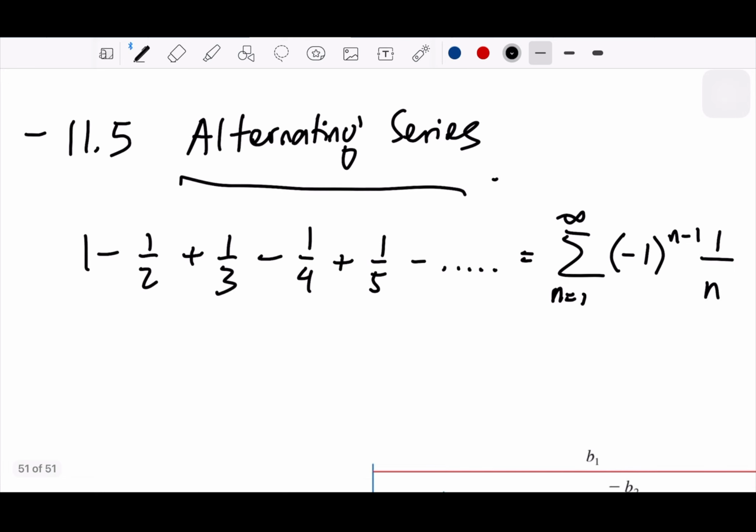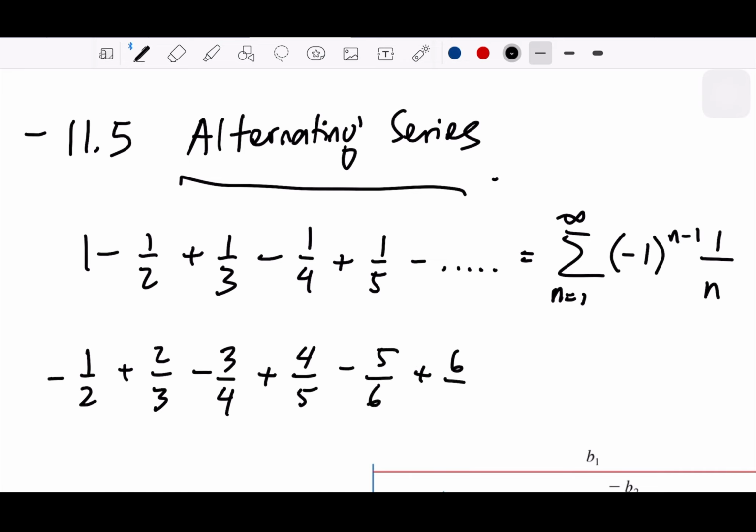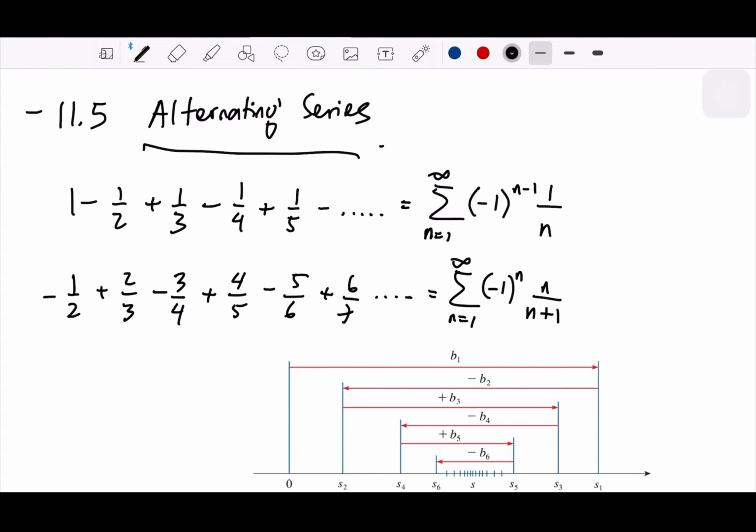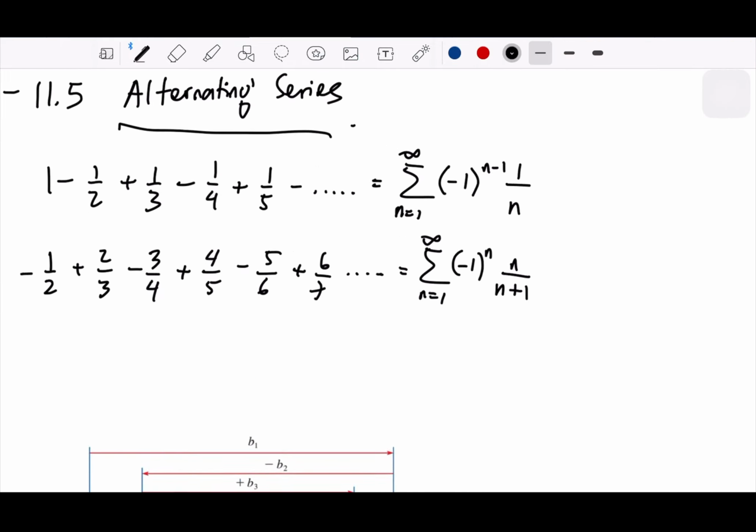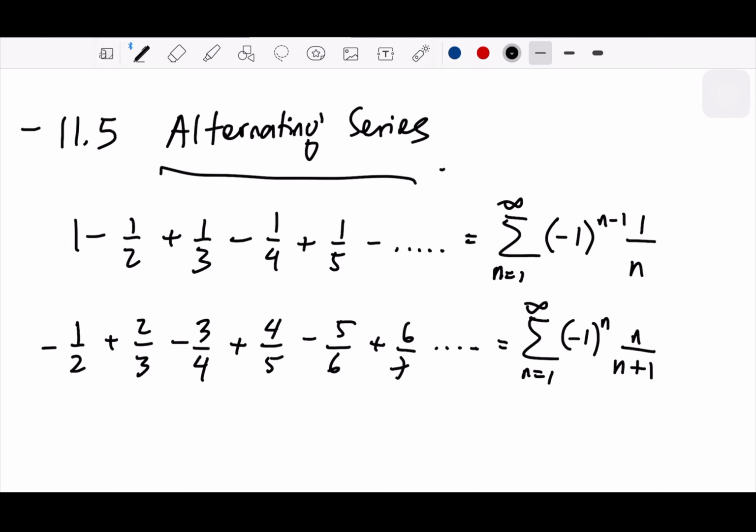Or maybe another example, we start from the negative. This is what it looks like.